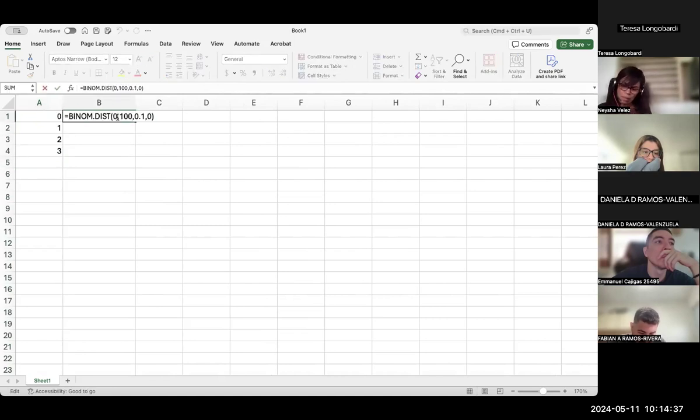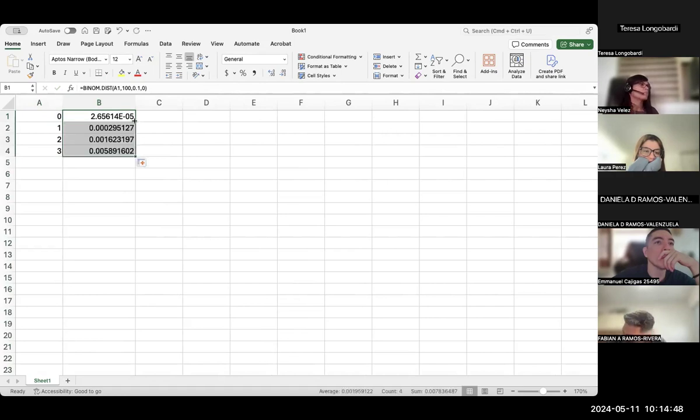And I'm going to use the reference of this cell here. And that's a very small number. But then you see that Excel is nice because it gives you all these decimal places. Otherwise, it would just say 0, right? This is a very small number.